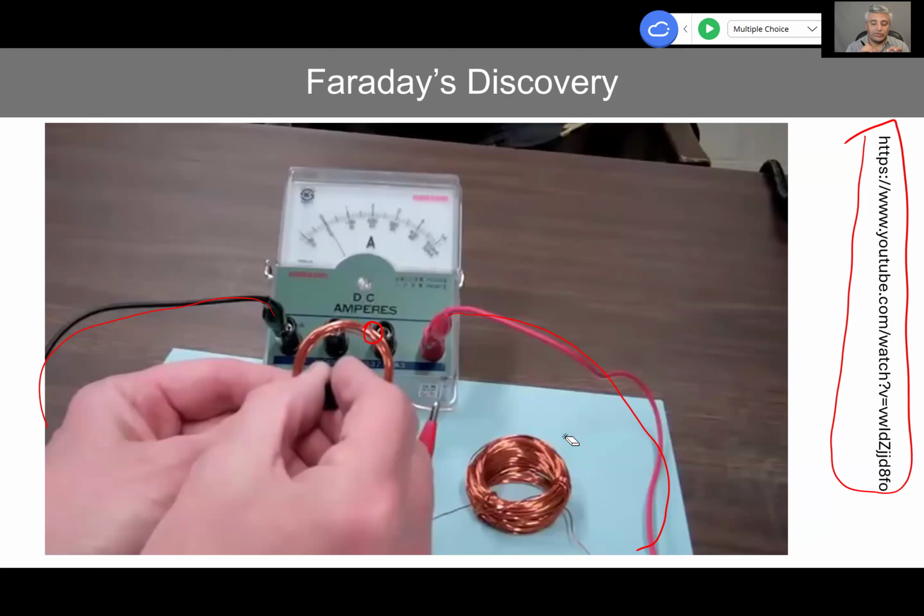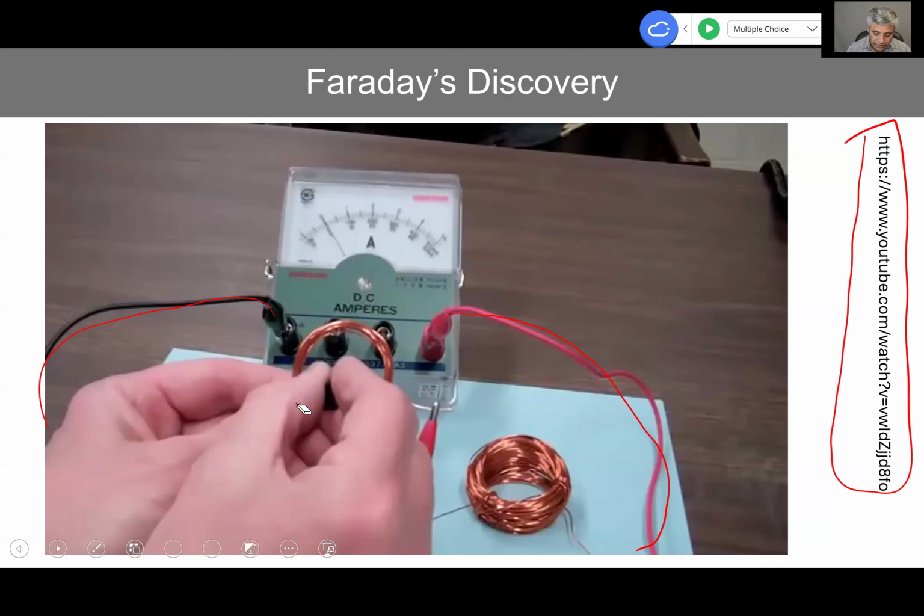Remember, once we have induced EMF and there is some sort of loop, that means we can measure current rather than EMF. So that's why often we talk in terms of induced current rather than EMF. Okay, so that's how it is.